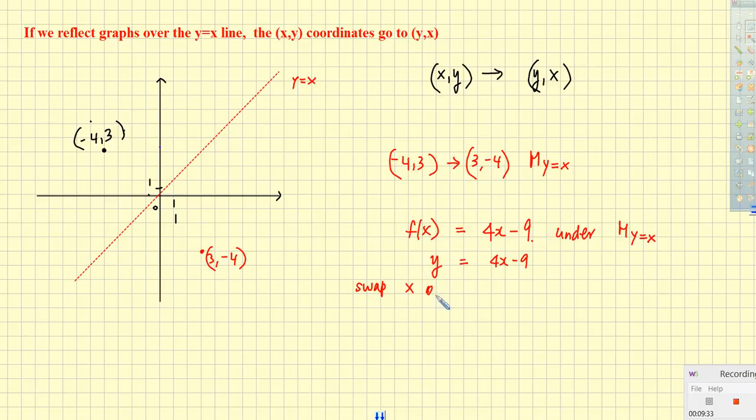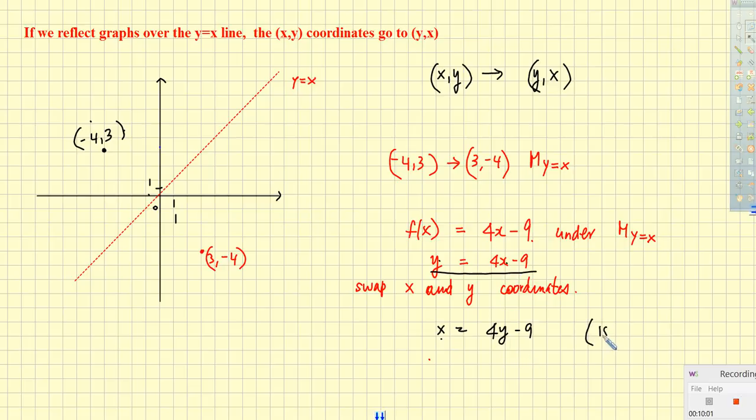So swap the x and y coordinates. Wherever I have a y, I will replace it with x. So in the given problem, y equals 4x minus 9, my y will be replaced by x, and my x will be replaced by y. Y goes to x, x goes to y.